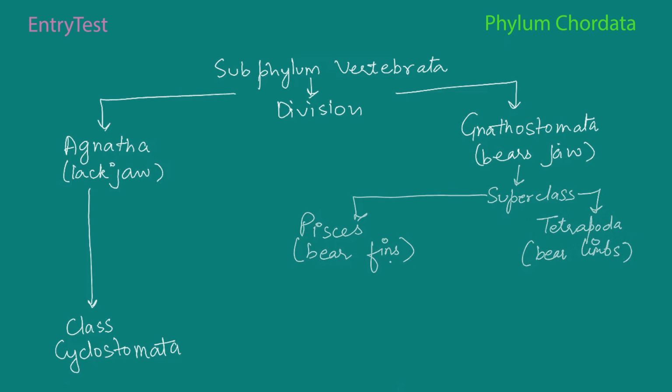So coming to Pisces, they further have two classes. One is class Chondrichthyes, and the other one is class Osteichthyes.